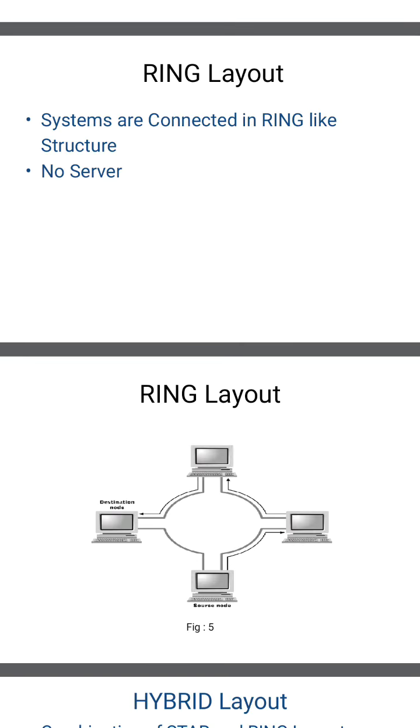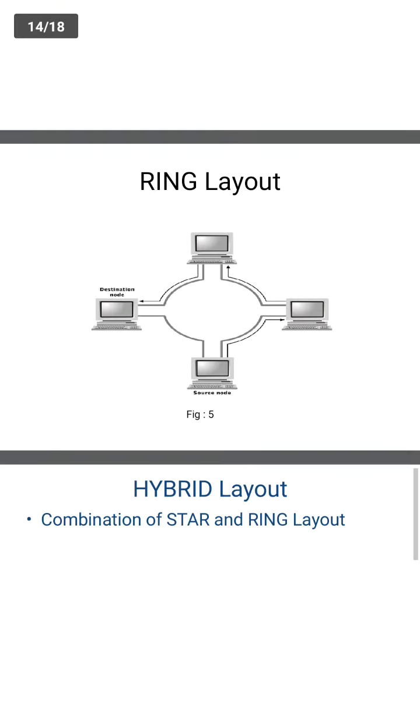In this layout, the data is passed from node to node either clockwise or anti-clockwise. So it will pass the message from one system to another in a clockwise or anti-clockwise direction. Workstation, plotter, like that. It won't have any server in the middle or anywhere. That is called the ring layout structure.